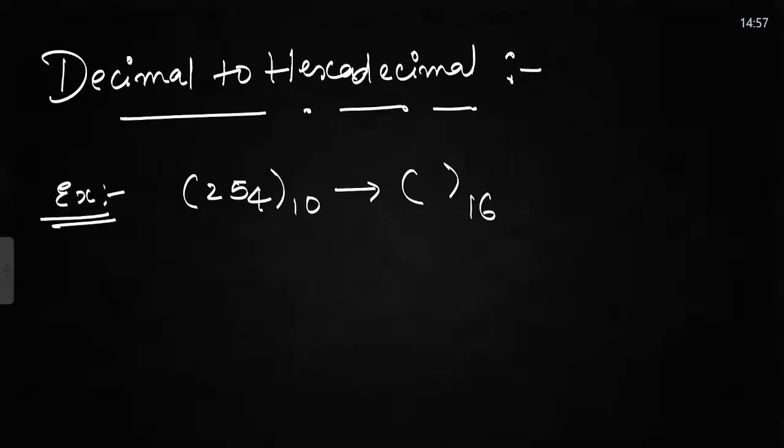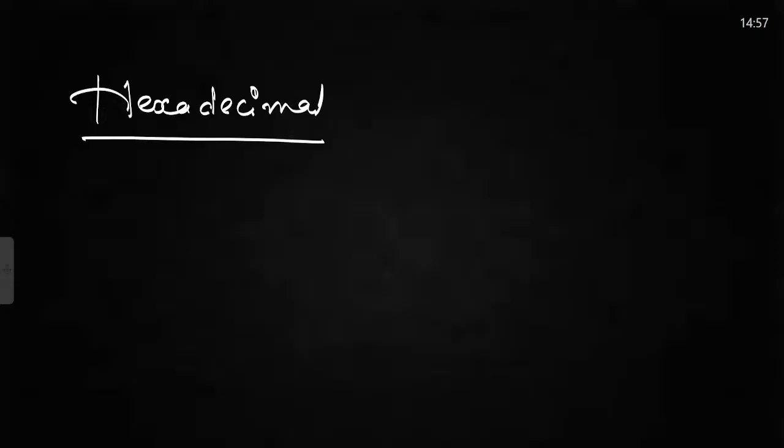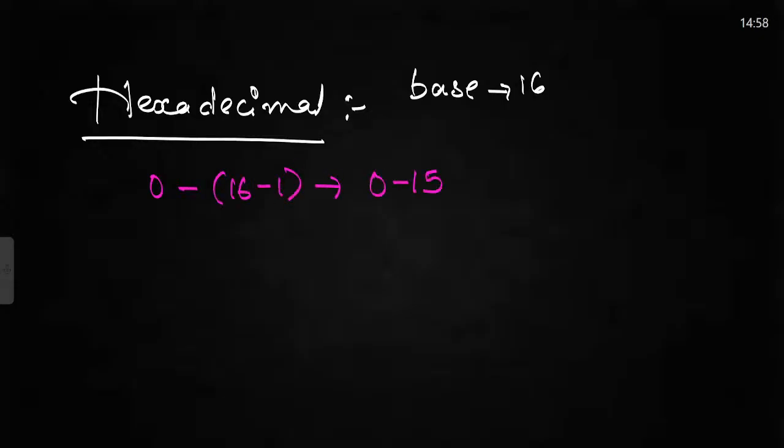In order to convert this one, we will first understand hexadecimal. Hexadecimal means we know base 16. So what is the maximum number that we will have? 0 to 16 minus 1. So that is 0 to 15 is my range.